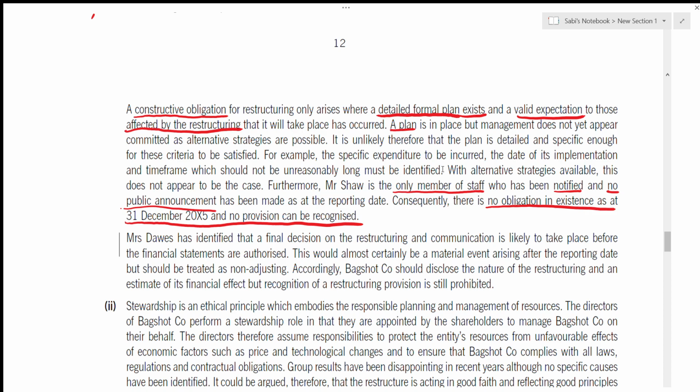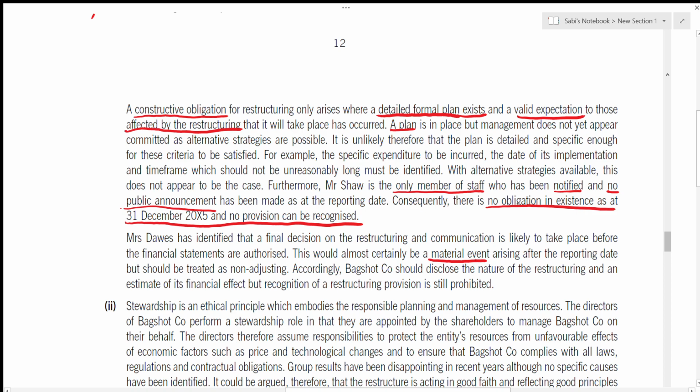Because they have clearly told no provision. Still, there's a statement by Mr. Dowes that a finalization of the restructuring communication is likely to take place before the financial statements are authorized. What does it mean? Before the financial statements are authorized, what is coming into your mind? It is an event arising after the reporting date, right? So this would almost certainly be a material event arising after the reporting date.